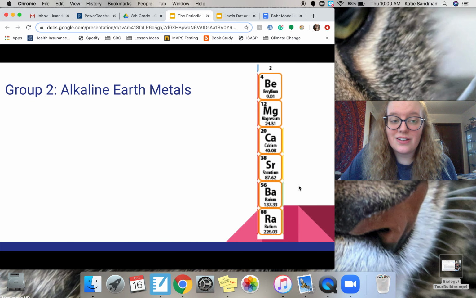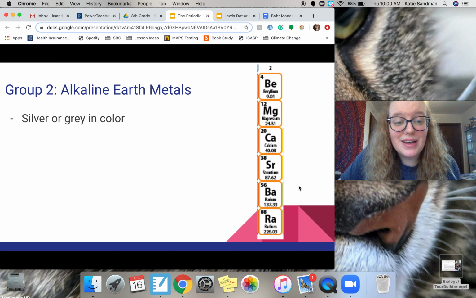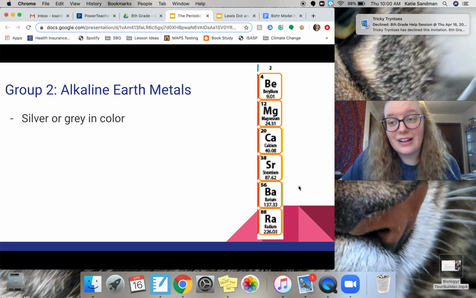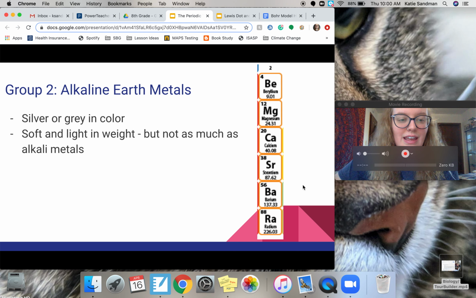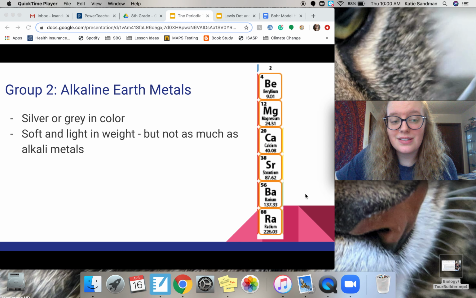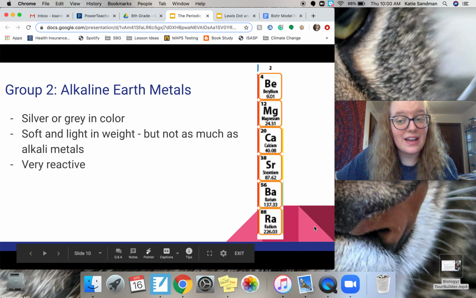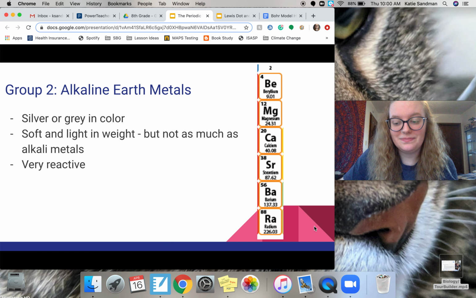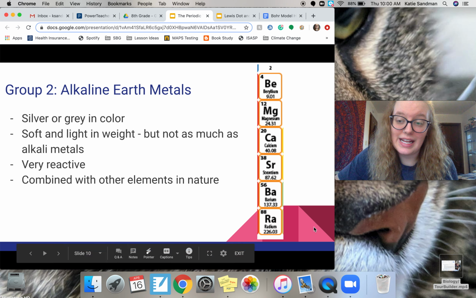Group 2, this is our alkaline earth metals. These metals are silver or gray in color. They are soft and light in weight, but not as much as alkali metals. They are very reactive, and they are combined with other elements in nature.